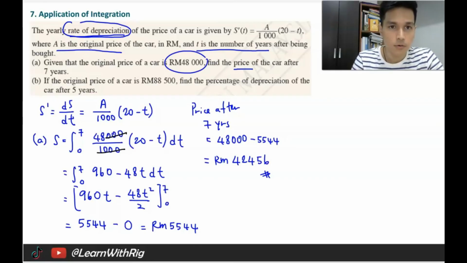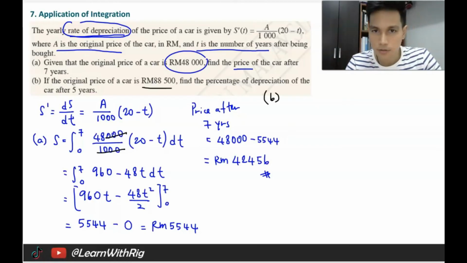Now question B. They tell you that the original price is 88,500, so now your A value is no longer 48, it is 88.5k. Find the percentage depreciation. Don't ignore the percentage, but find the depreciation first, after 5 years.